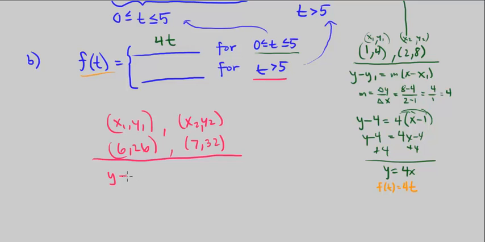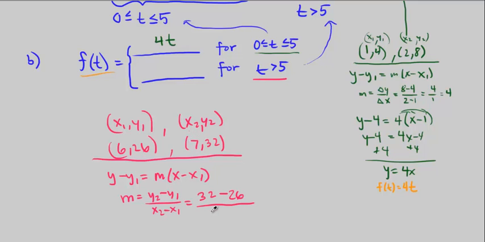So I know y minus y1 is equal to m times x minus x1. And that's my point slope form. Slope is just change in y over change in x, which is y2 minus y1 over x2 minus x1. Right? Here my y2 is 32. My y1 is over here, 26.